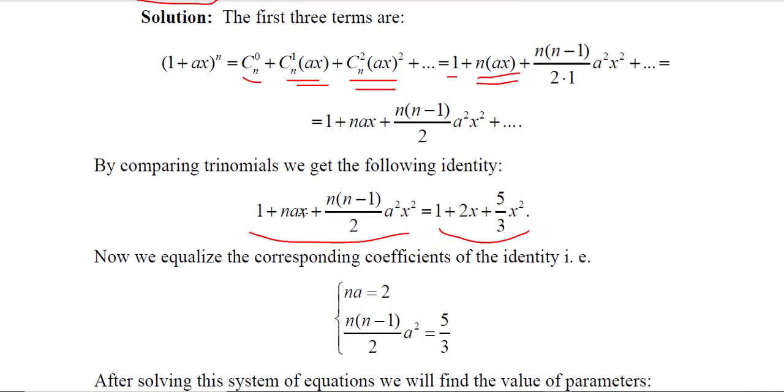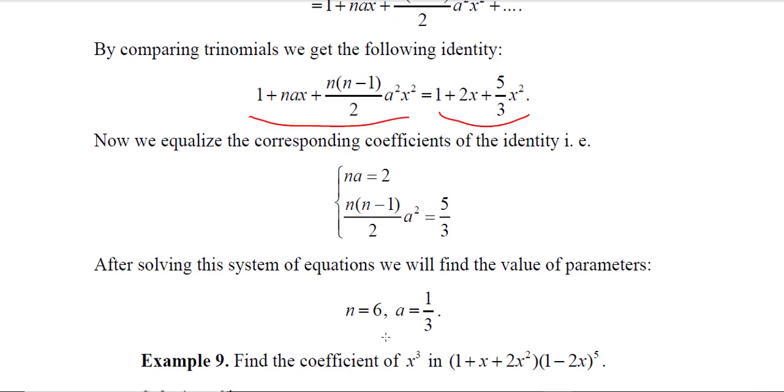So here n times a is 2. We have a system of equations, and this n(n minus 1) over 2 times a squared equals 5 over 3. We have two variables n and a and two equations. After solving this system of equations, we'll find the values of the parameters. n is 6 and a is 1 over 3. This is the answer to our example.